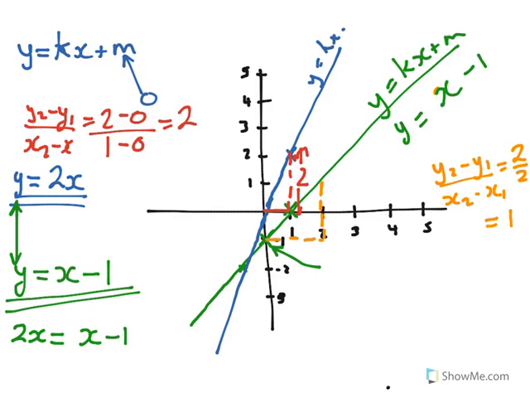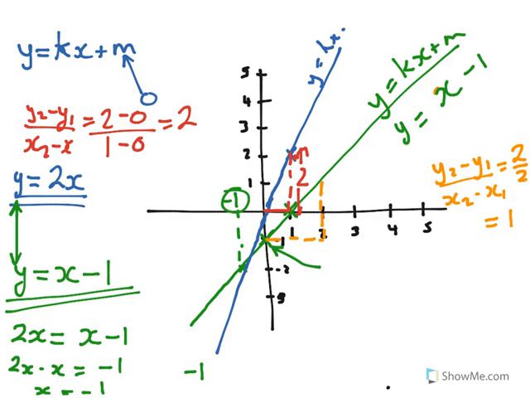So then we get 2x minus x equals minus 1. So 2x minus x gives us x equals minus 1. So these two lines would cross at the point where x equals minus 1. And we can see that from our graph. It seems reasonable.